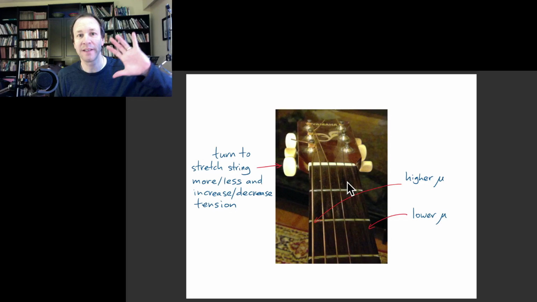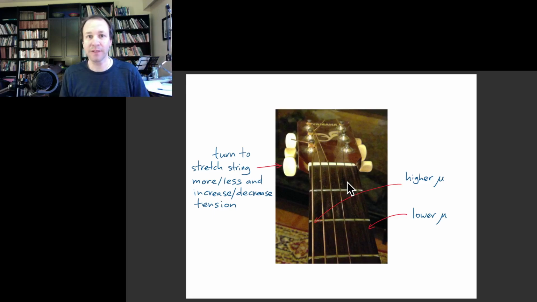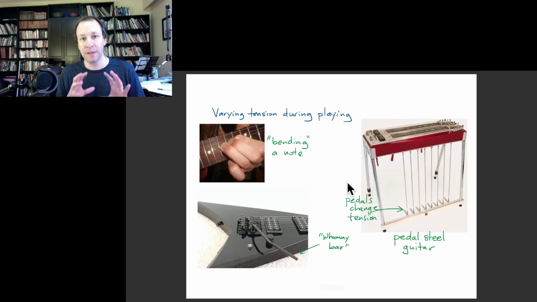But I was saying that there are various examples of musical instruments where you actually change the tension during the time that you're playing. And so one example I showed you last time is where you bend a note on the guitar. So just using your fingers, pressing the strings up higher or lower makes the string more tight.